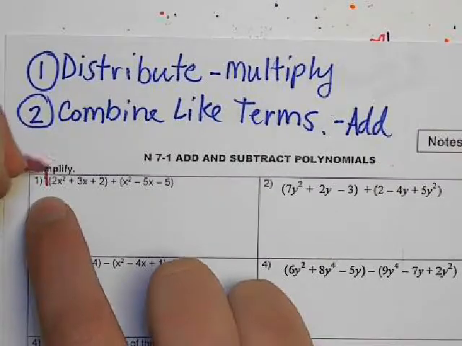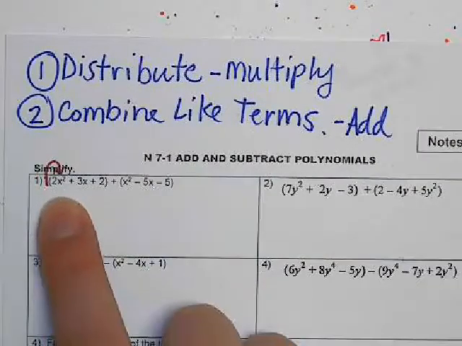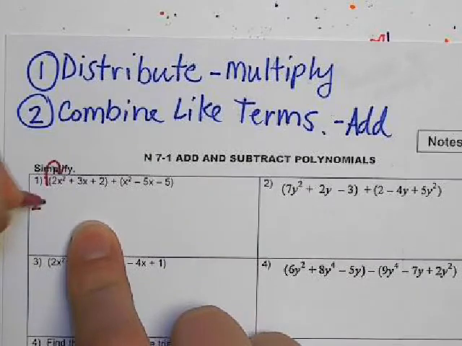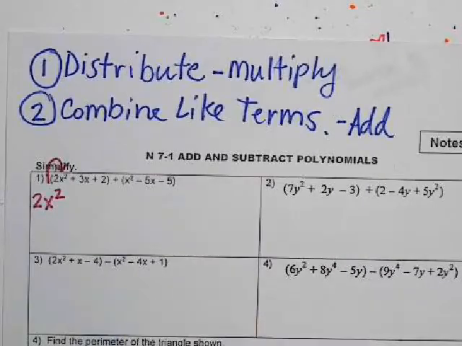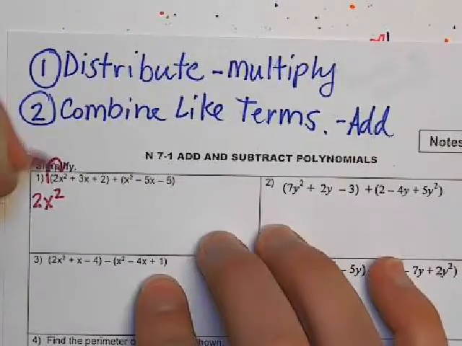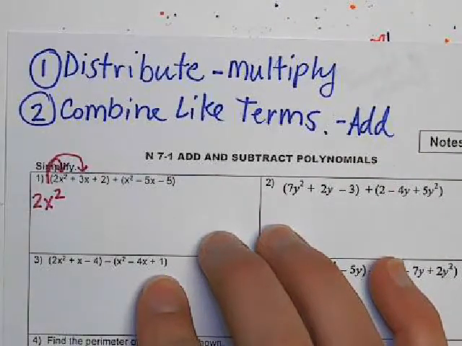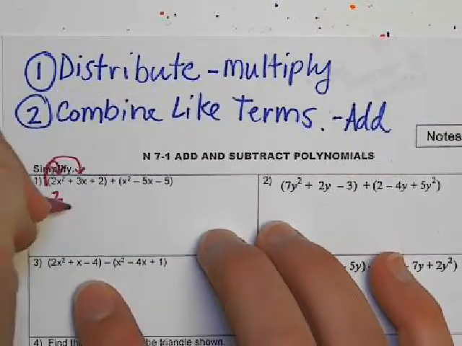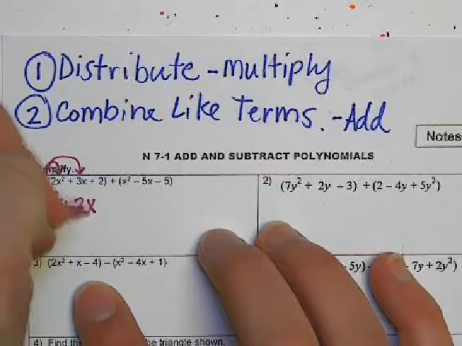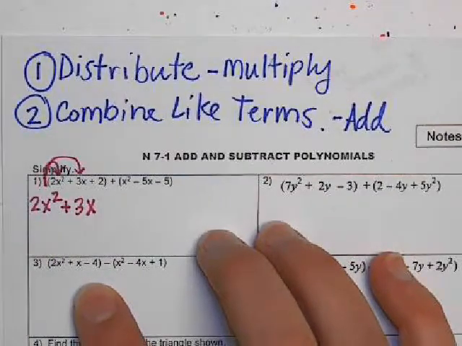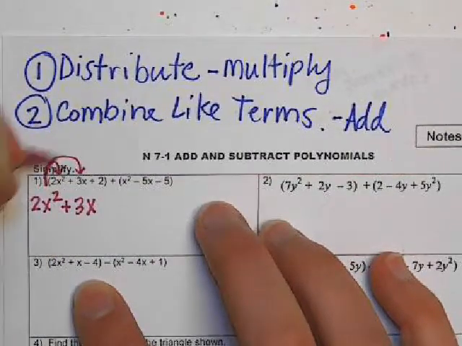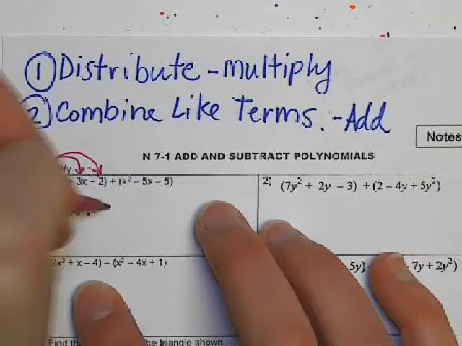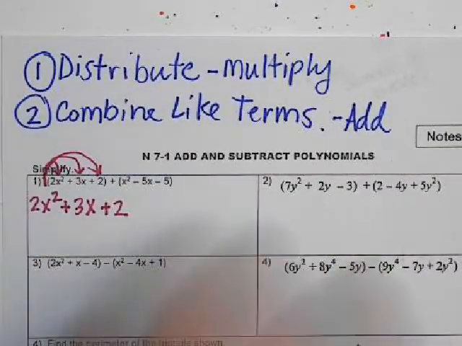So what is 1 times 2x squared? 2x squared. What is 1 times 3x? 3x, and it's positive, so we put a plus sign in front of it. You have to have your symbols in front. Then 1 times positive 2 stays the same, positive 2.